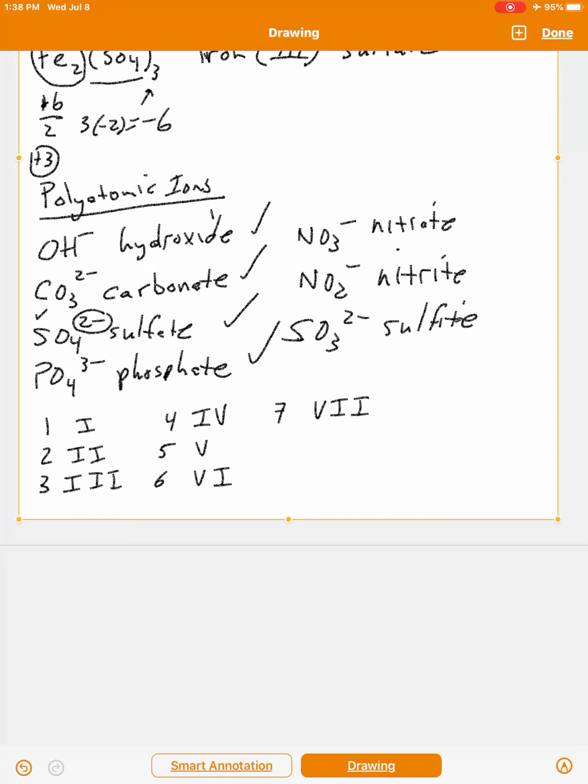Capital letters, that's the Roman system as opposed to the Arabic system that we normally use.